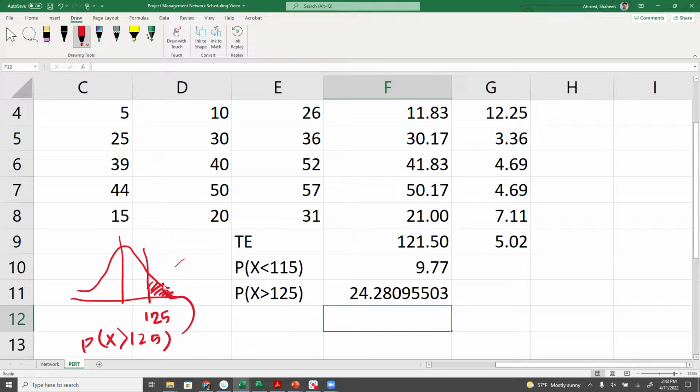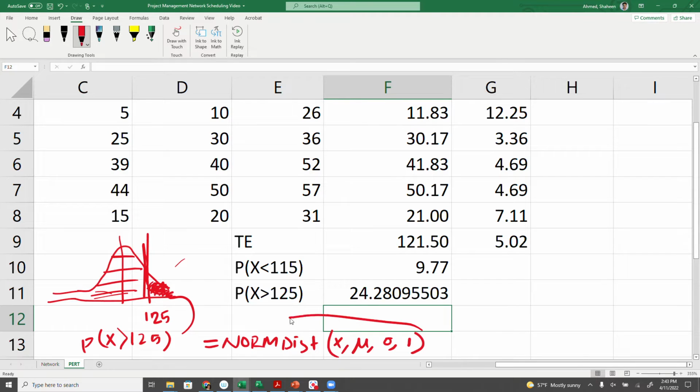But in Excel, when you write equals NORM.DIST and then the x value, mean value, sigma, 1 for cumulative, it is actually giving you this left tail probability all the way from the left up to this point. But the question is asking for this probability, so it has to be 1 minus this value to get the correct number if it's asking for more than that particular value.